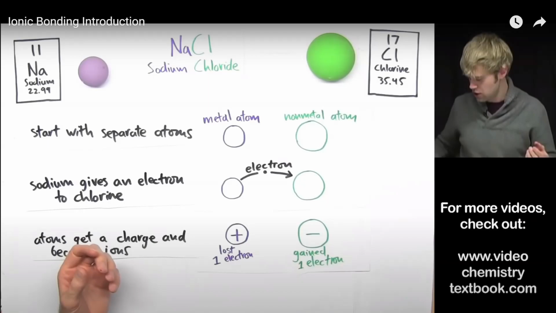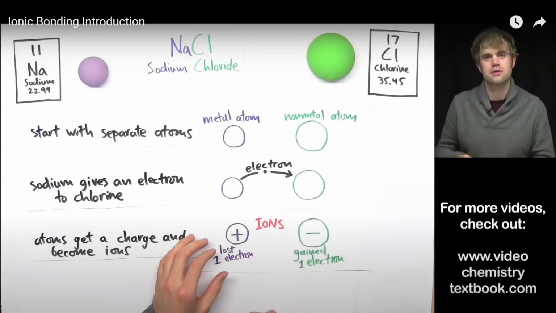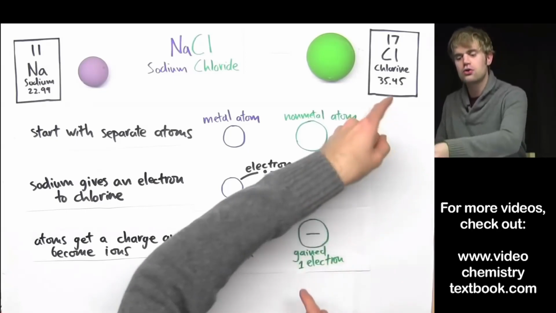You can fill it in: lost one electron. And under the negative, again, there's a little box. You can fill it in: gained one electron. We call them ions. This one's a positive ion. Sodium becomes positive, chlorine becomes negative.